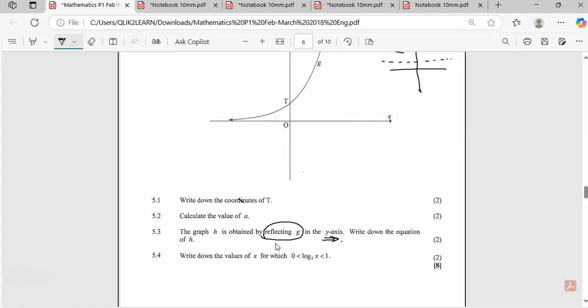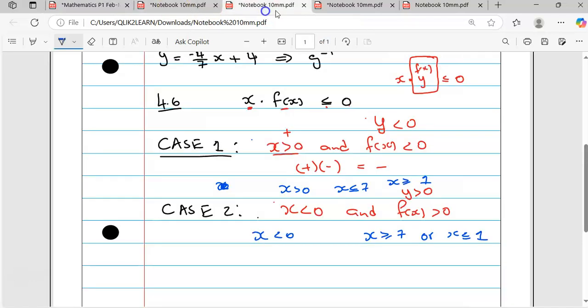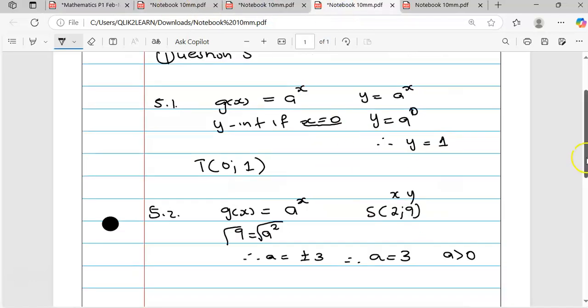Remember, if you are reflecting about the y-axis, the sign of the x changes. If you reflect about the x-axis, the sign of the y changes. So in this case, when they say about the y-axis, you just go on the equation and change the sign of the x. Simple as ABC.